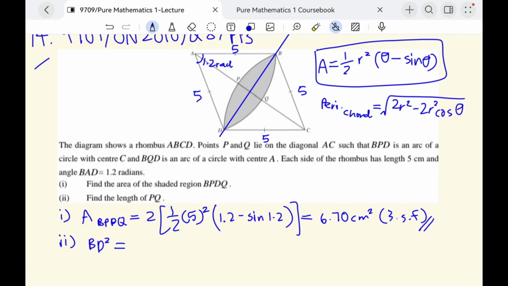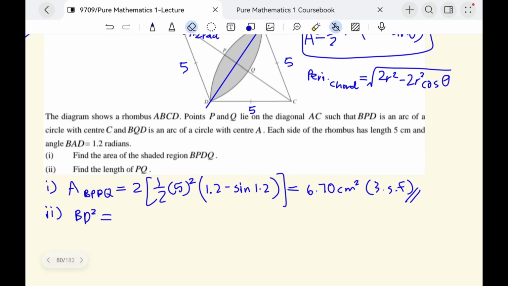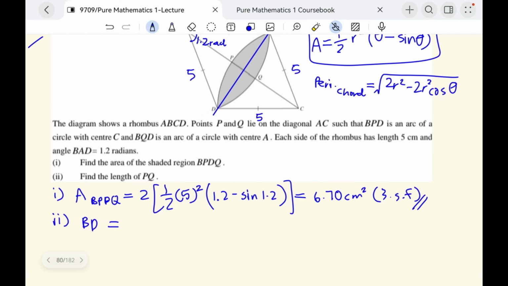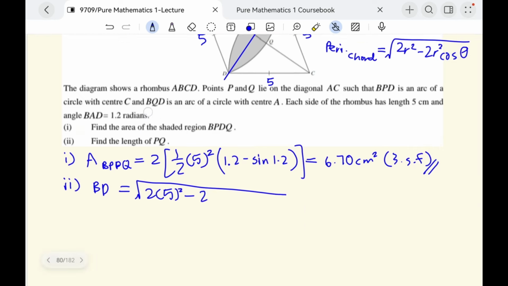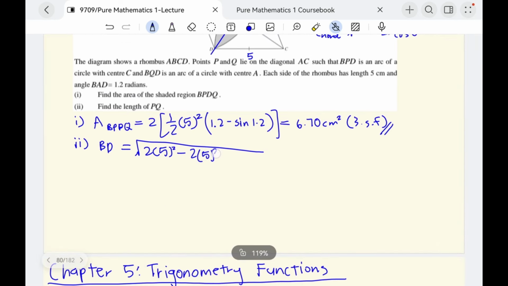This is the general formula. So I will directly use the formula: the square root of 2 times 5 squared minus 2 times 5 squared cos 1.2, to get the exact value of BD first.